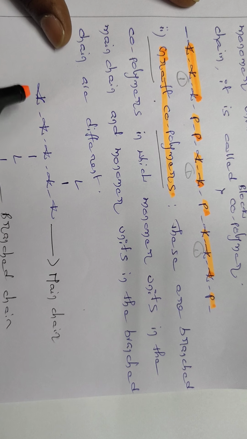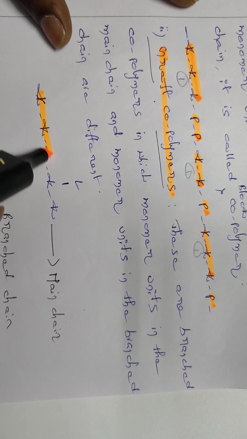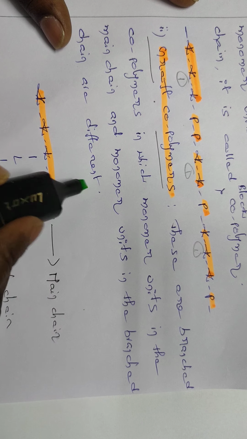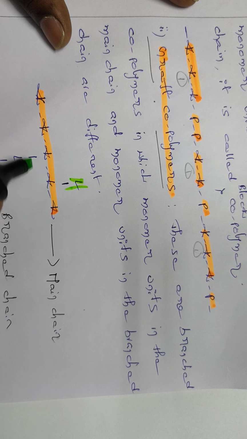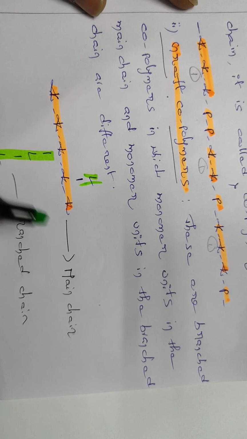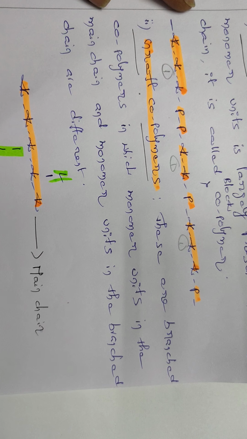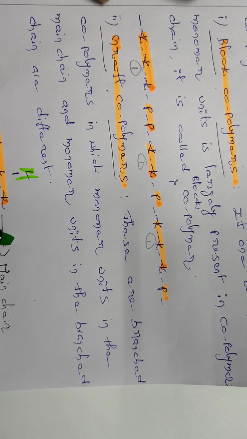Here the main chain contains one monomeric unit, that is K, and the branched chain contains another monomeric unit, that is L. The main chain and branched chain monomeric units are different. Such copolymers are called graft copolymers.